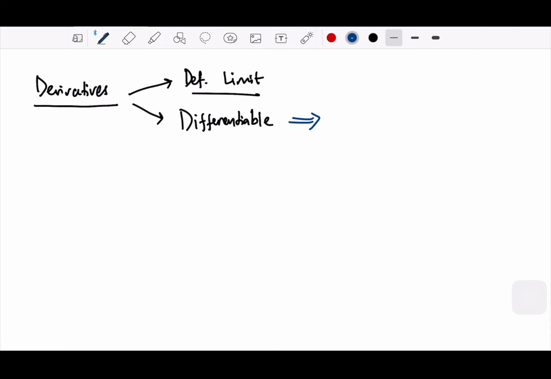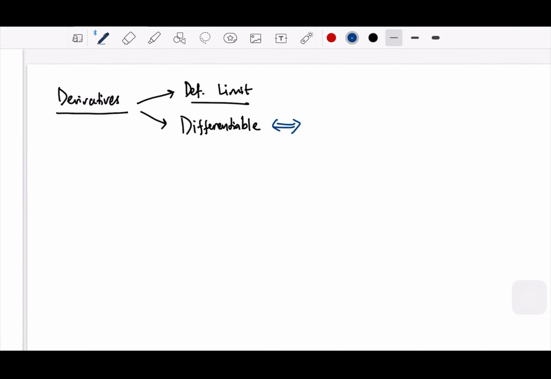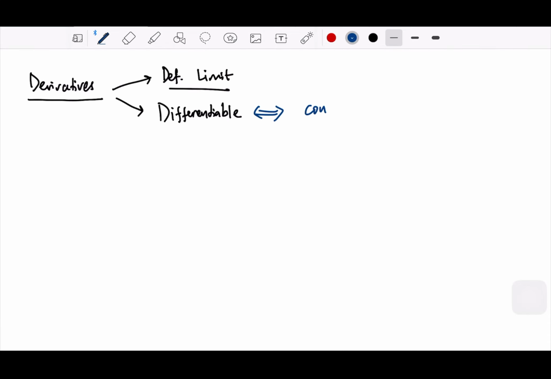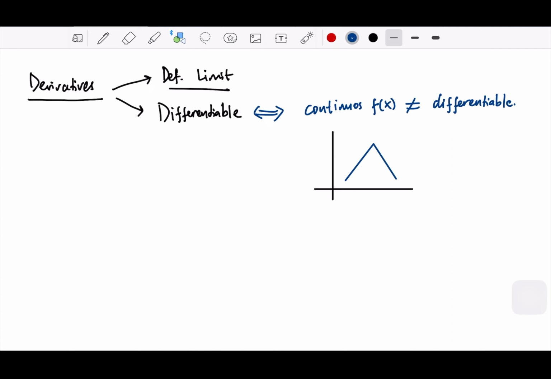This will relate to conclusions that a continuous function is not the same as differentiable. To visualize, or some pictures that can be easily analyzed, is if we have a graph like this.